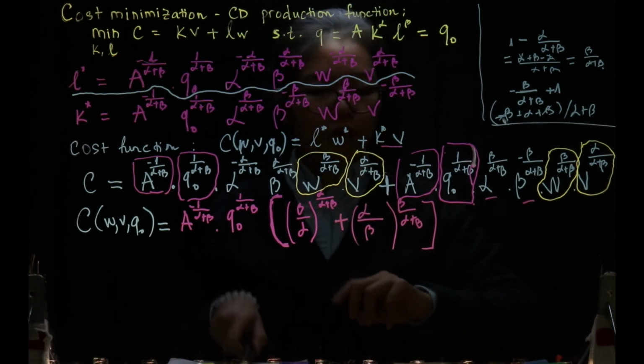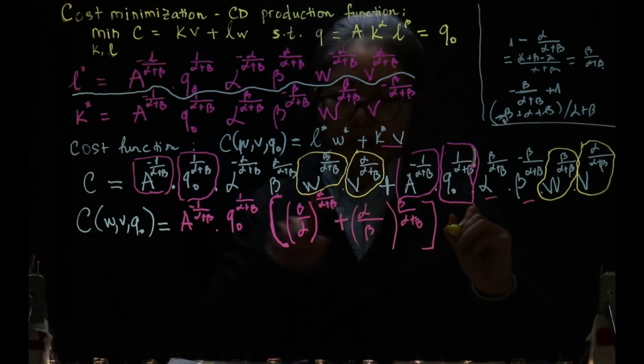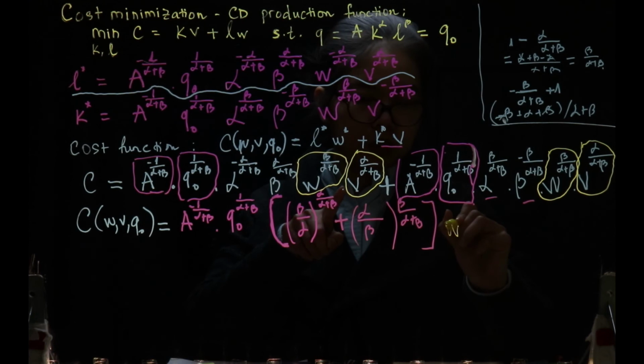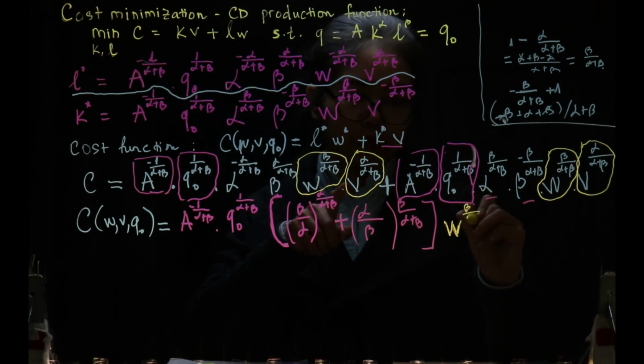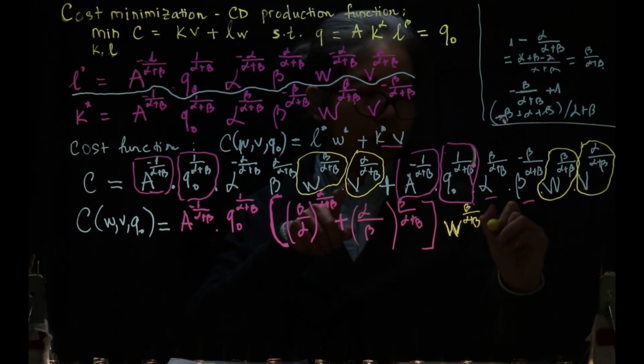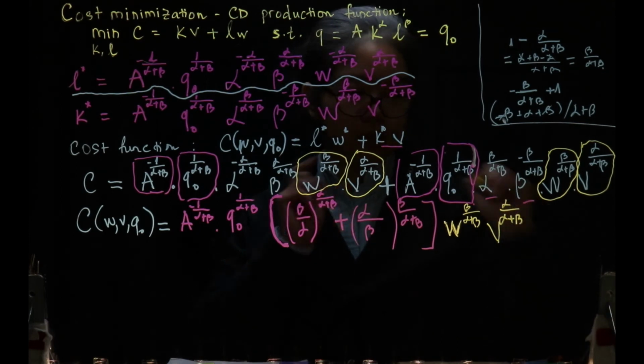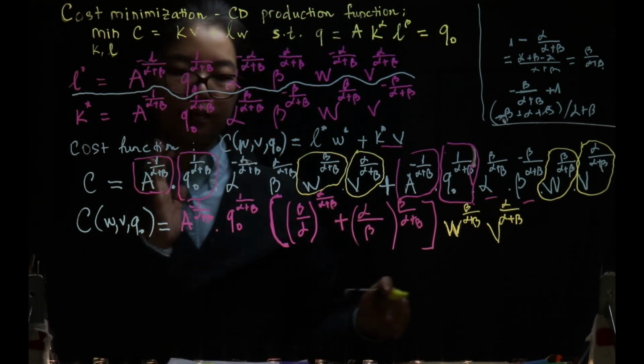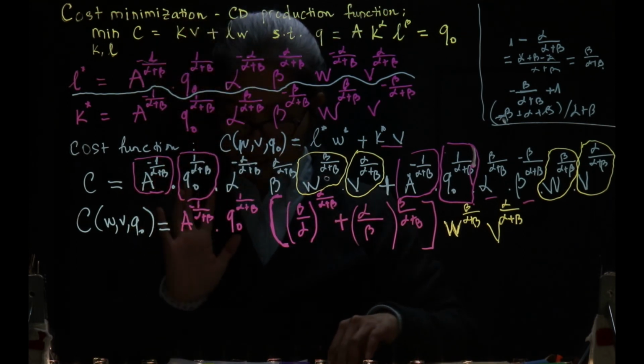And then rewrite again the thing with W and V that we just noticed: W to the power of beta over alpha plus beta times V to the power of alpha over alpha plus beta. Right? Okay, good.